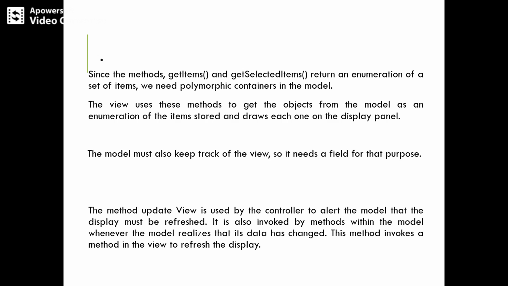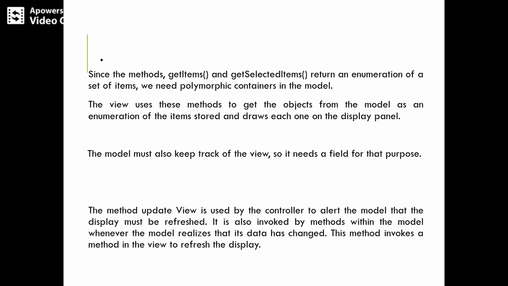So the major parts are the item list and selected list, all of which will be displayed in the view. We have taken the methods add item, remove item, select and unselect. Get items should return an enumeration, and get selected items should also have the enumeration data type.